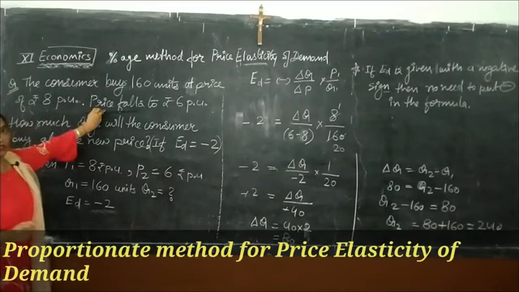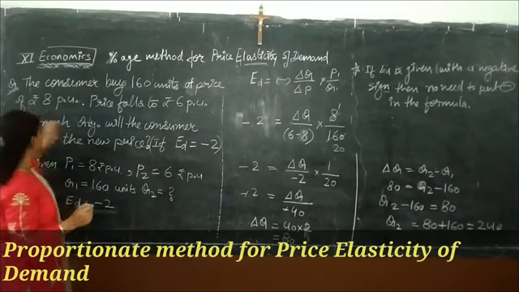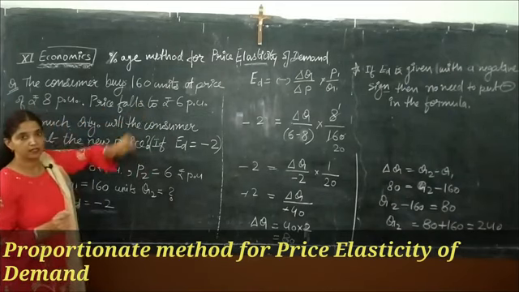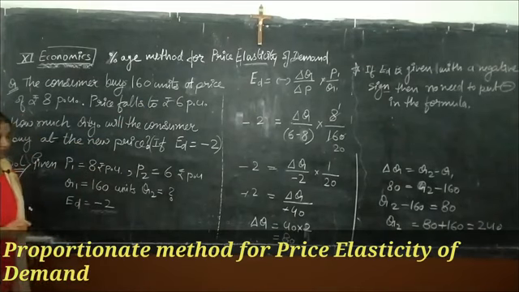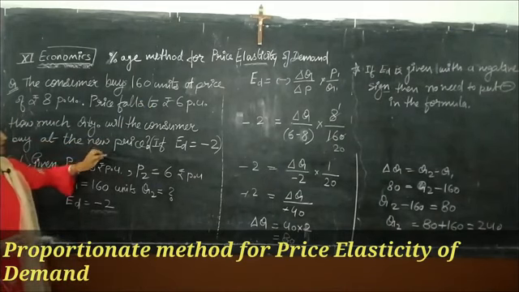Then price falls to rupees 6 per unit. Price falls from 8 to 6. Now the price is 6 rupees. How much quantity will the consumer buy at the new price?